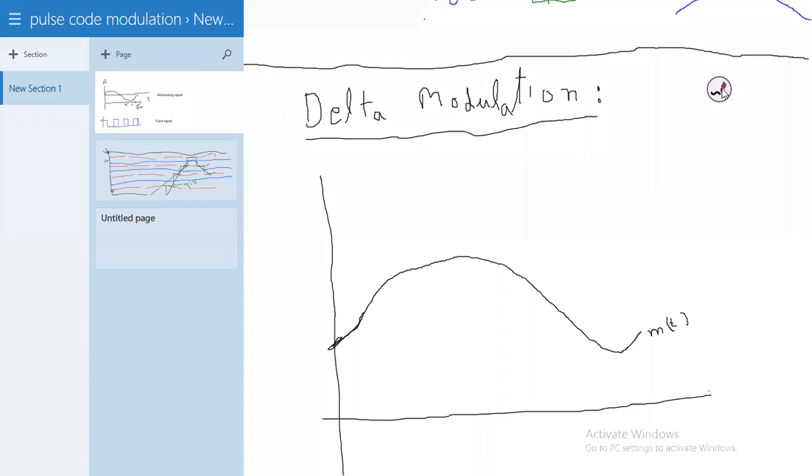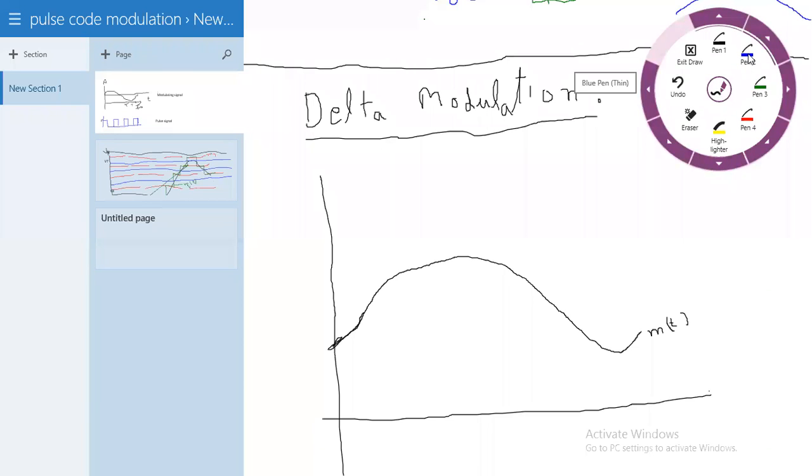Every time in this process we compare this m of t signal with a step signal, the step size. So this is x of t.